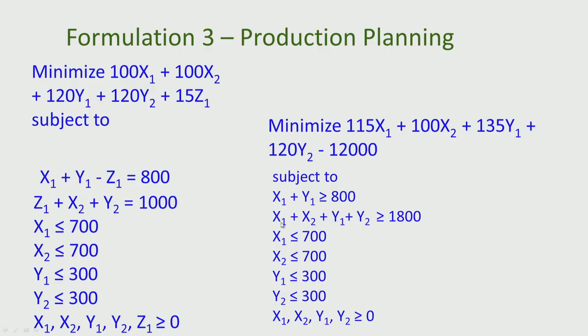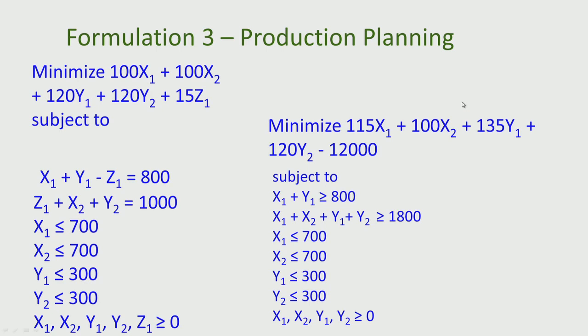because x1 plus x2 plus y1 plus y2 would represent the total production in the 2 weeks. This represents the total demand in the 2 weeks, and because there is no third week in this particular example, we will not end up making more than 1800 if we look at the production of the 2 weeks taken together.